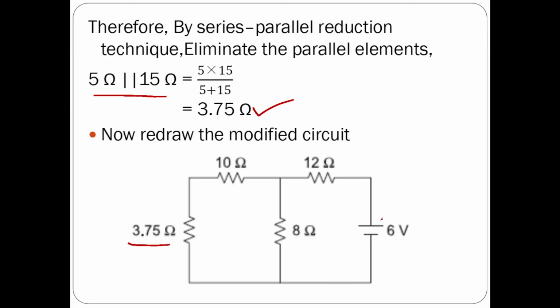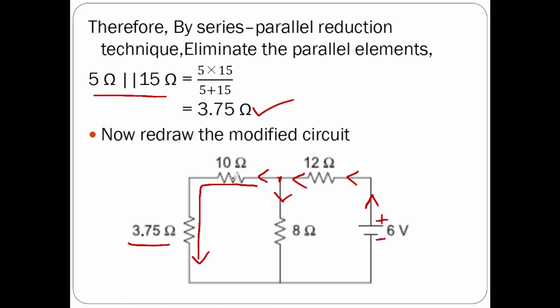Now see here, from the positive terminal current will come out and flow through 12 ohms. At this junction, once again, current will divide. But whatever current flows through 10 ohms, the same current will flow through 3.75 because they are connected in series. There is no current division here, because there is no junction or node.